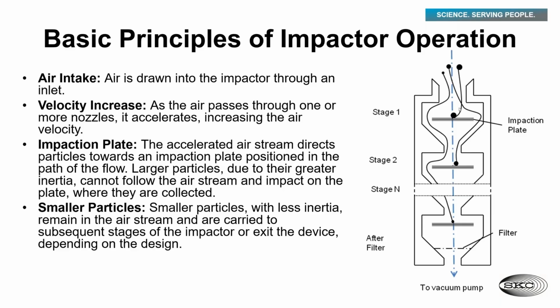The larger particles that have a lot of inertia are not able to stay suspended in the airstream, and they are directly impacting on what we call an impaction plate. Whereas the smaller particles are able to stay suspended in the air and able to travel around the different plates all the way down to the collection filter on the bottom.